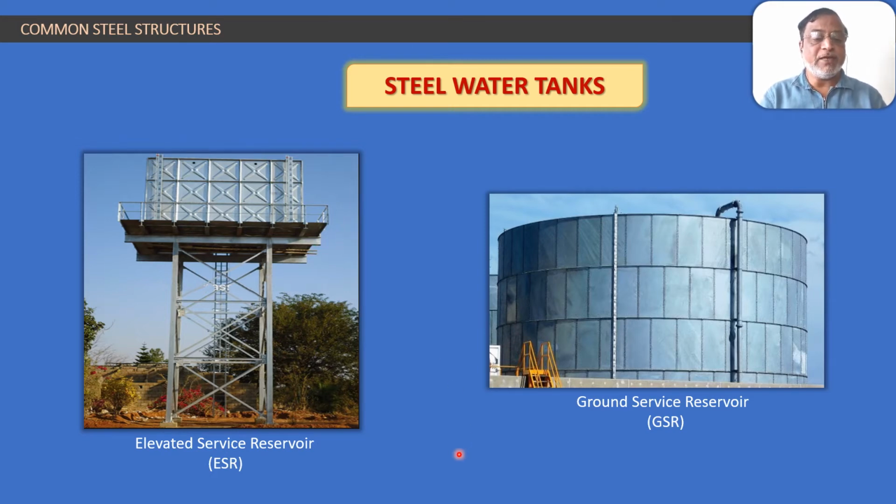An elevated service reservoir, or ESR, is more difficult to construct and maintain, and it has the function of raising the water to a height and then making it available for distribution. So these are the two common varieties of steel water tanks, and this was all about steel water tanks which we would like to know right now.